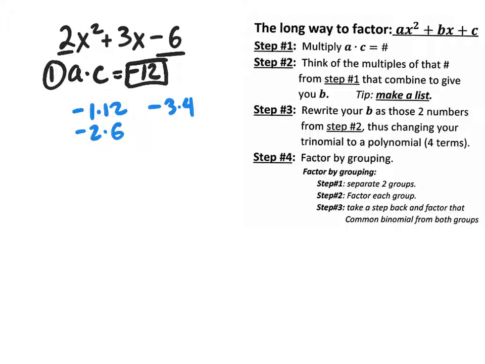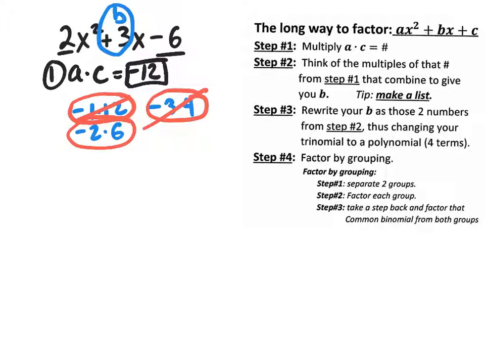And now we need to find out which of those pairs of numbers combine together to give us the b value, which in this case is positive 3. If I combine negative 1 and 12, I get 11. That's not 3, so that can't be it. If I combine negative 3 and 4, I get 1. That's not 3. If I combine negative 2 and 6, I get 4. That's not 3 either.